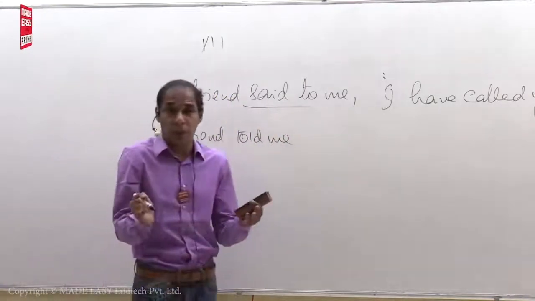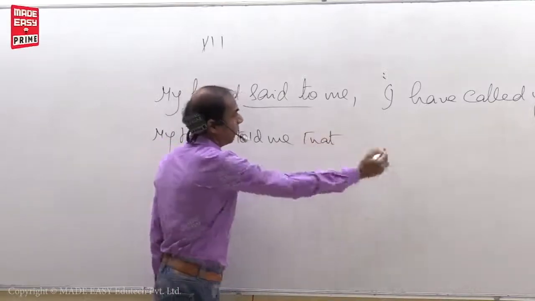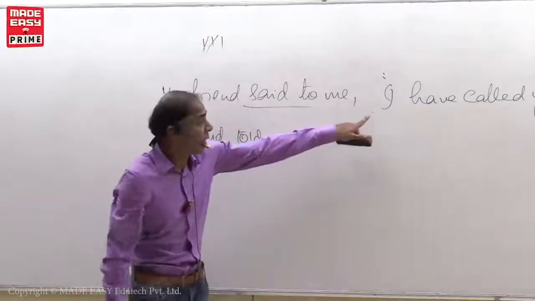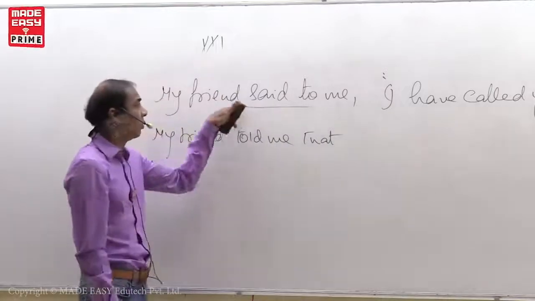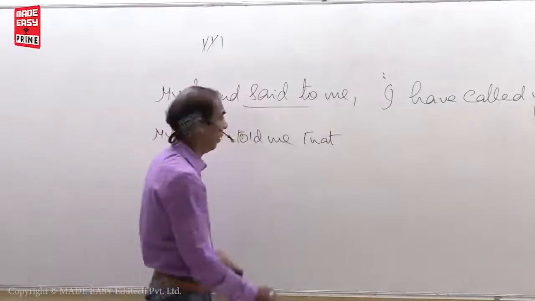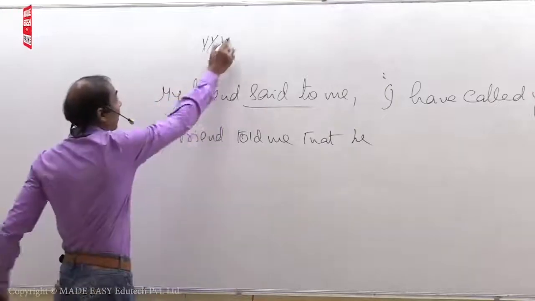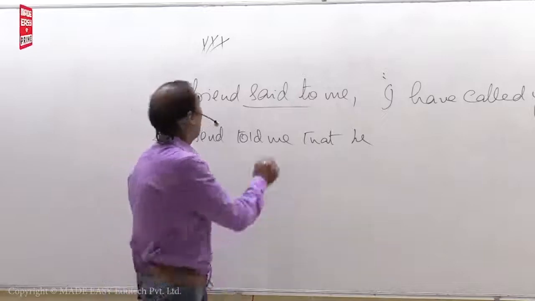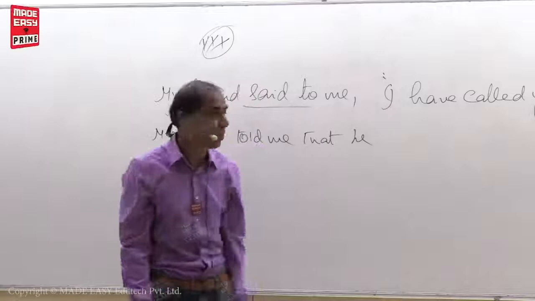Rule number 2, connect the two sentences with "that". What is rule number 3? Change the person in the direct speech always in relation to the speaker. Who is the speaker here? My friend, might be male or female. Let us take male, because give preference for male. When the gender is not specified, give preference for male. That he. After fulfilling the 3 rules, we have to change the tense form of the direct speech.